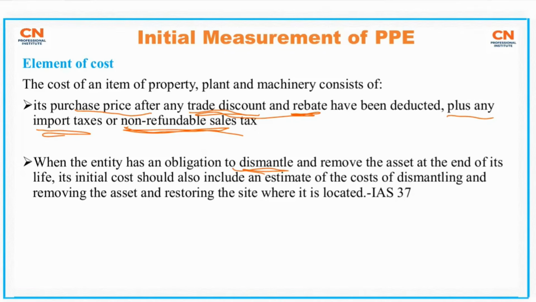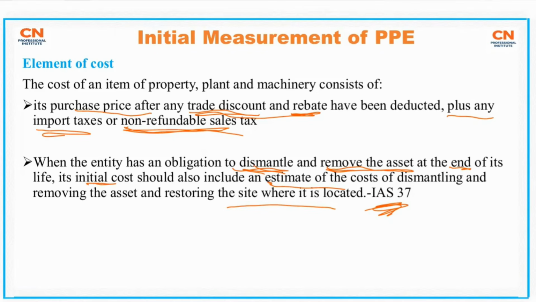So when the entity has an obligation to dismantle and remove the asset at the end of its life, then the initial cost of the PPE should include an estimate of the cost of dismantling and removing the asset and restoring the site where it's located.